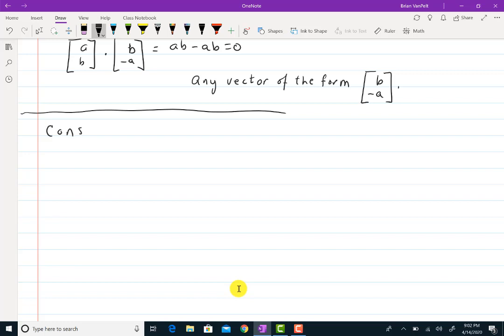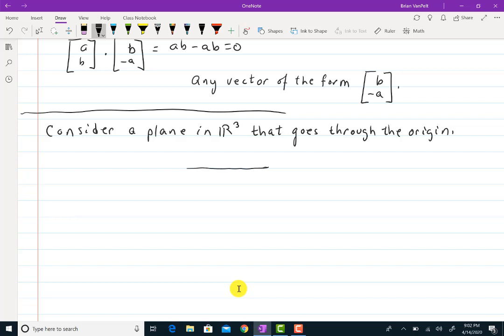Next, consider a plane in R3 that goes through the origin. Let me see if I can draw sort of a picture of how this would look.